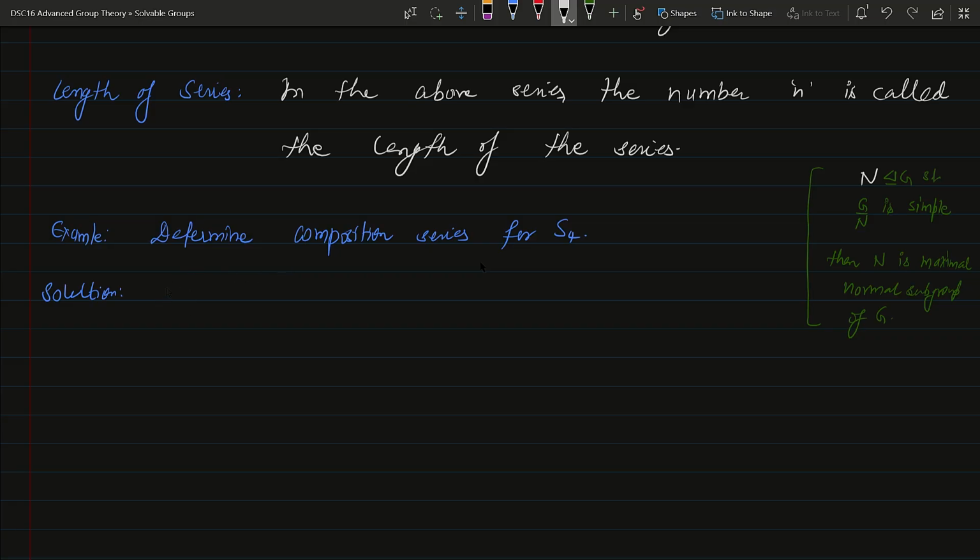So we define N naught equals S4, N1 equals A4, N2 equals the group isomorphic to Z2 cross Z2, and N3 is the identity subgroup.